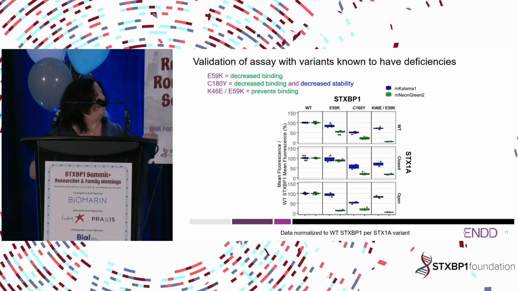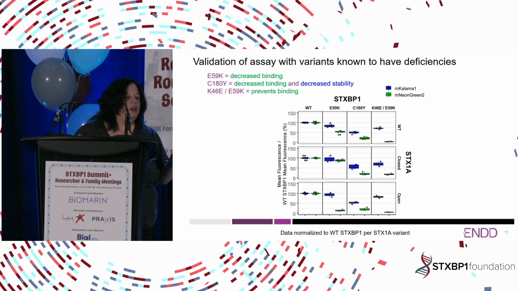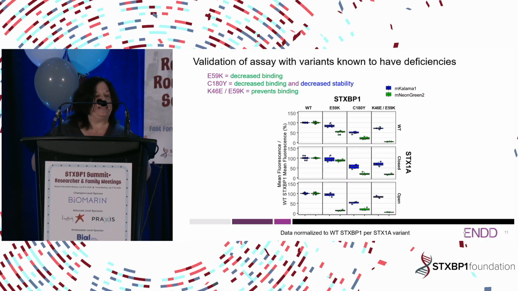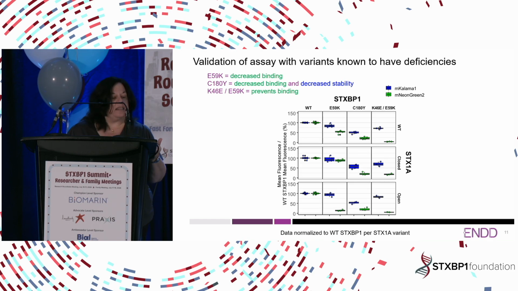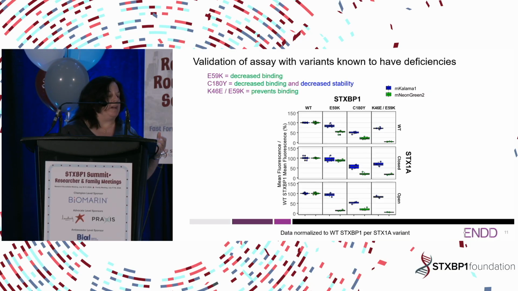Now let me orient you to this graph. This is how I'm going to be showing the data from here on out, with the STXBP1 variants at the top, the syntaxin conformational variants on the y-axis listed on the right, and then looking at mean fluorescence units as normalized to wild-type STXBP1 per syntaxin variant.